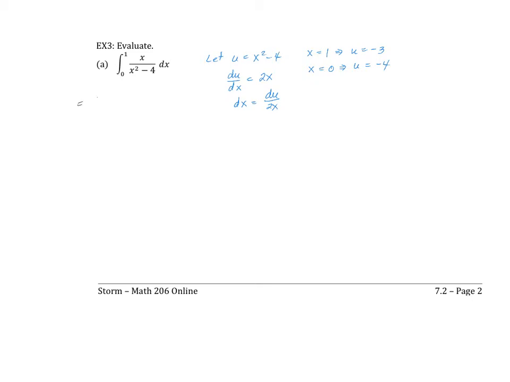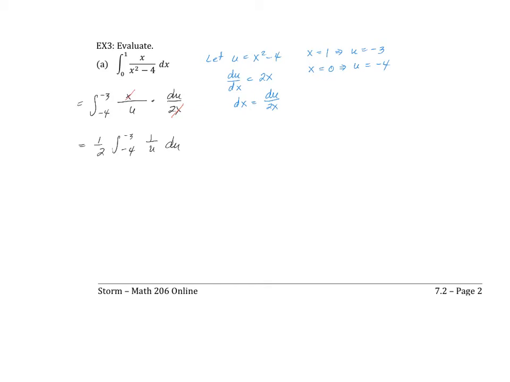So now the integral is going to be from negative 3 to negative 4 of x over u times du over 2x. So now notice that the x's will cancel. And here I think I'm going to bring this 1/2 out in front. So I have 1/2 integral from negative 3 to negative 4 of 1 over u du.